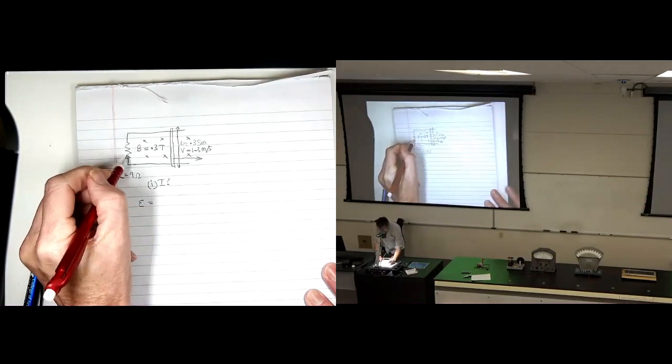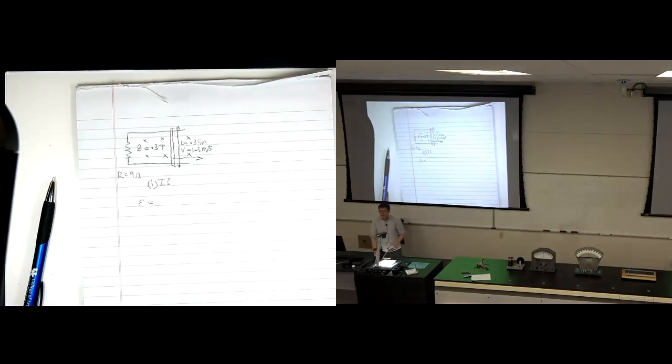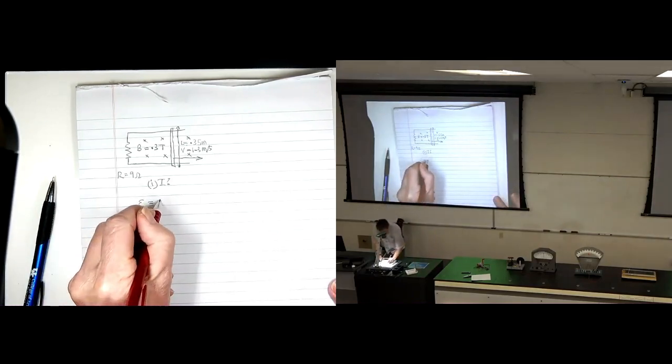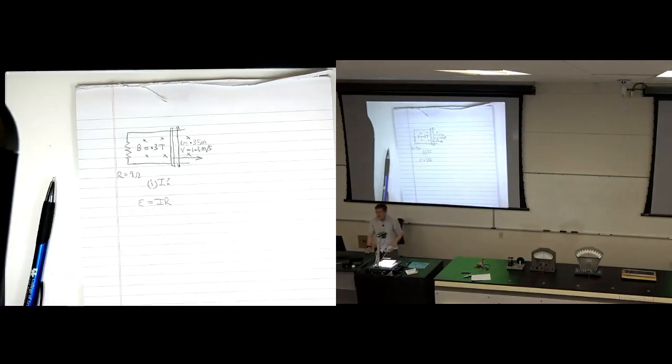The induced EMF across the resistor is what determines the current that flows in the resistor and around the circuit, and that current is determined by Ohm's law. So here I just plugged in Ohm's law: V equals IR, or here it's epsilon, the induced voltage, equals IR.